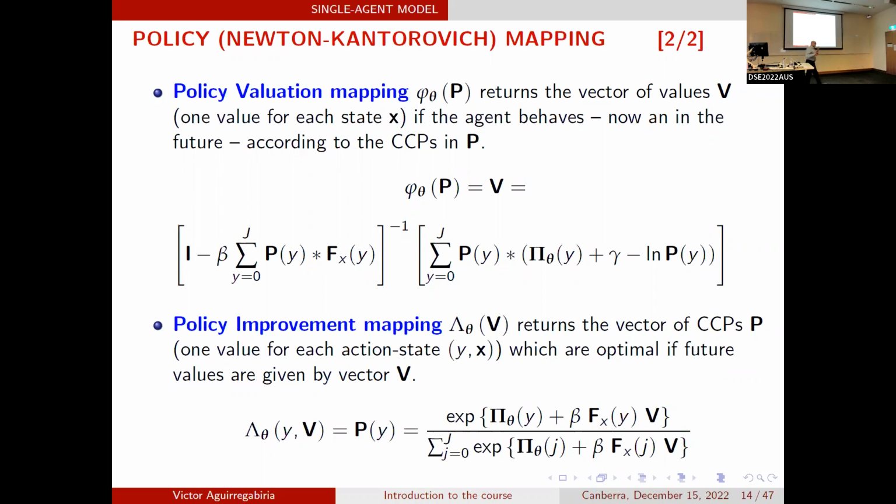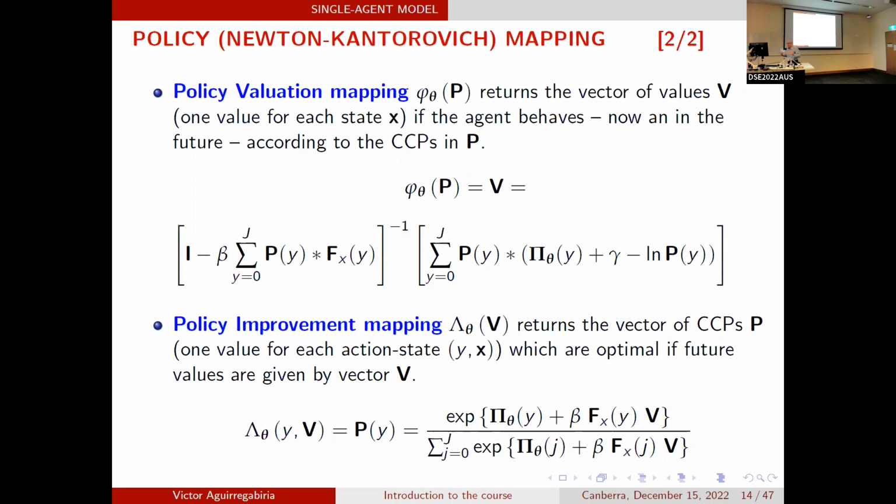Then basically the policy iteration mapping can be interpreted as the best response in a game where the agent plays against himself in the future, okay? That is, give me a vector of choice probabilities that myself in the future is going to play after today, okay? And then I best respond to that vector of choice probabilities to maximize my value today, okay?